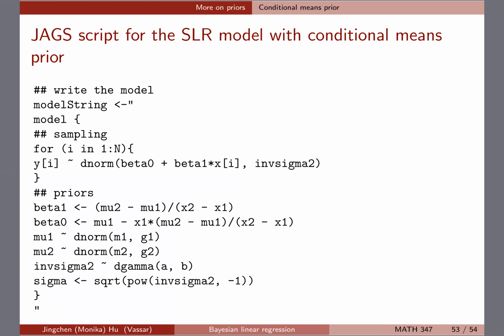So that's why mu1 is tilde dnorm, and mu2 is tilde dnorm, and beta 0 and beta 1 are expressed in terms of them. So in terms of distribution, it's deterministic. It's assigned to the two solved equations that we came up with. And then for sigma, let's just use gamma(1, 1), because it's always hard to deal with that standard deviation. Sorry, I think I went over 1 minute, but we did start a little bit late, so hopefully it's not too much. And yeah, that's what I prepared for this.